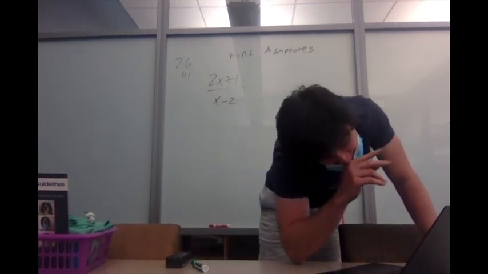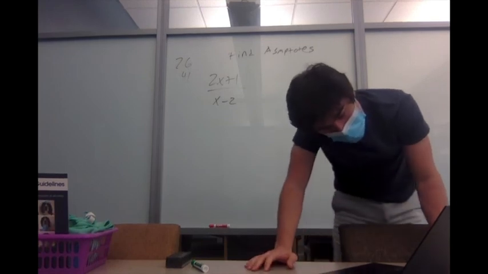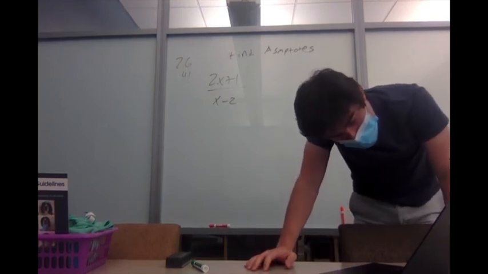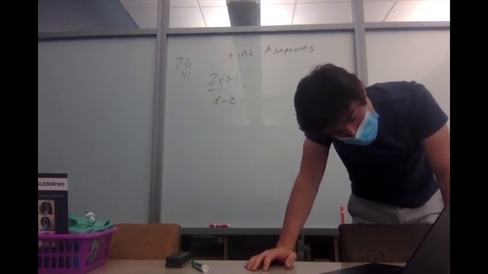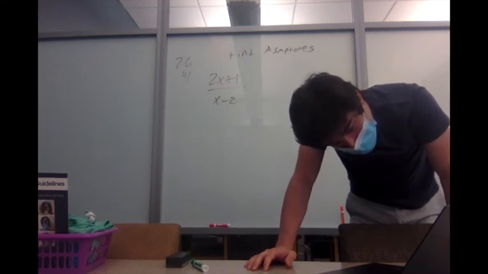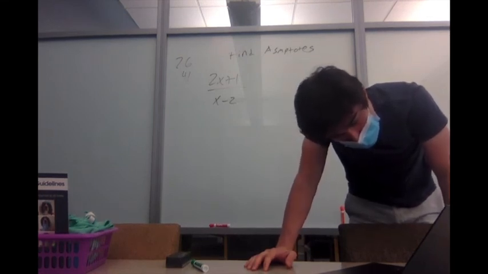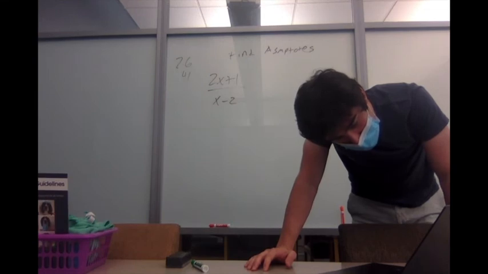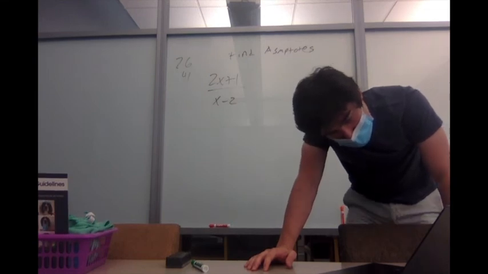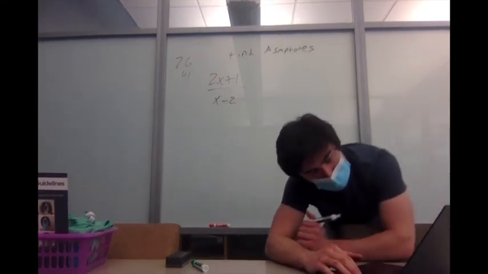Finding horizontal asymptotes. Let f be defined on both sides of a, except possibly at a itself. Then the limit as x approaches a of f equals negative infinity means that the values of f can be made arbitrarily negatively large by taking x close to a. Doesn't really help.